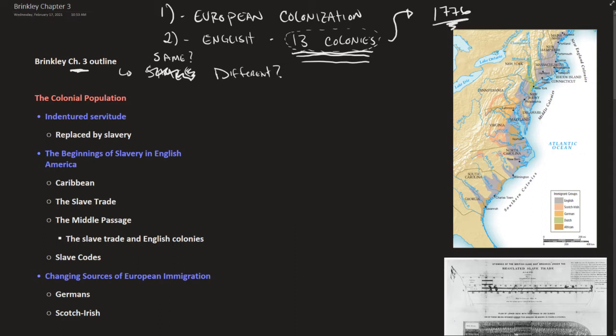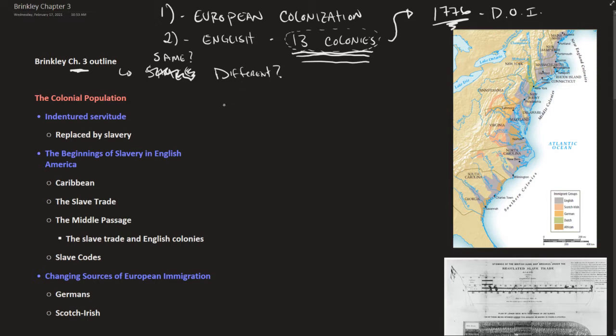And that's going to be an important year because that's when the Declaration of Independence was signed, essentially marking the separation of the 13 colonies from Great Britain. So we're in this pre-American Revolution period, looking at what the colonies did.